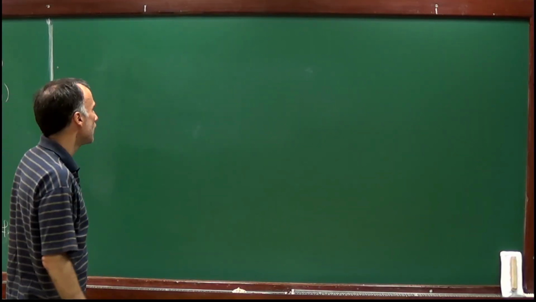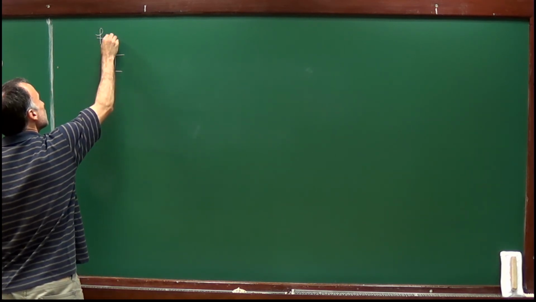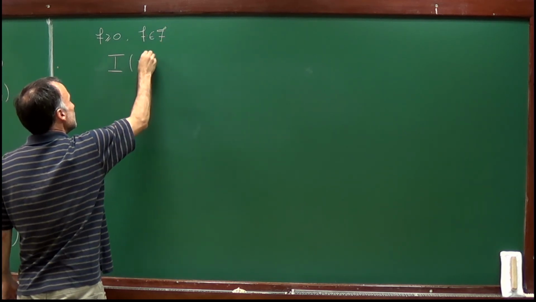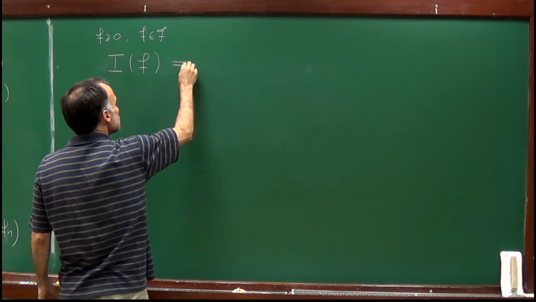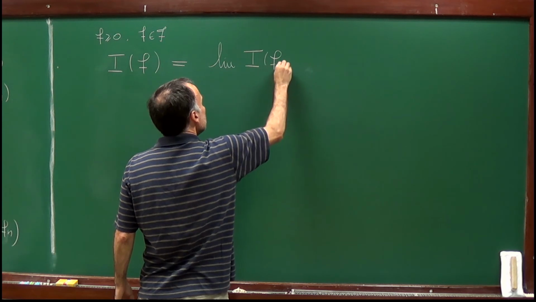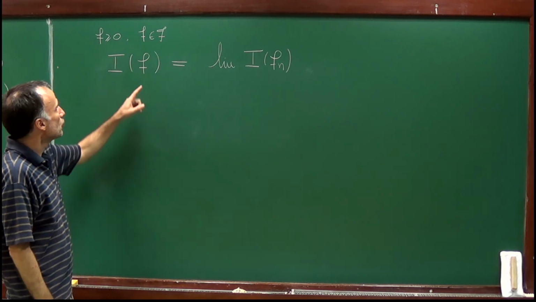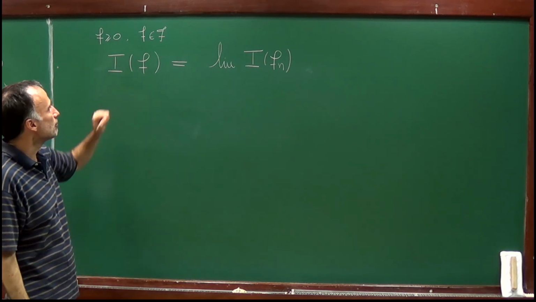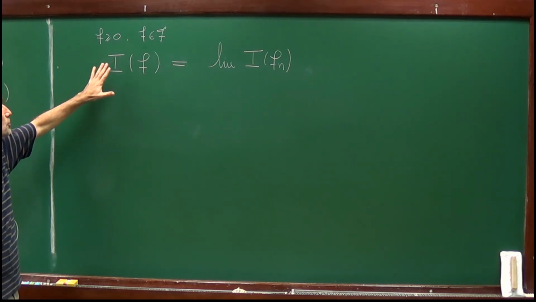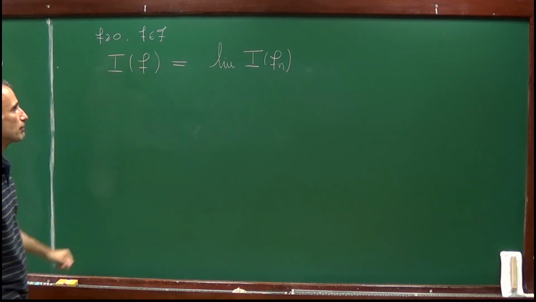So we just proved that if I take a non-negative measurable function, we can define the integral of this function f as the limit of I(fn), where fn is any sequence of simple functions which is monotone and increases to f. So in this way we have a definition of the integral of non-negative measurable functions.